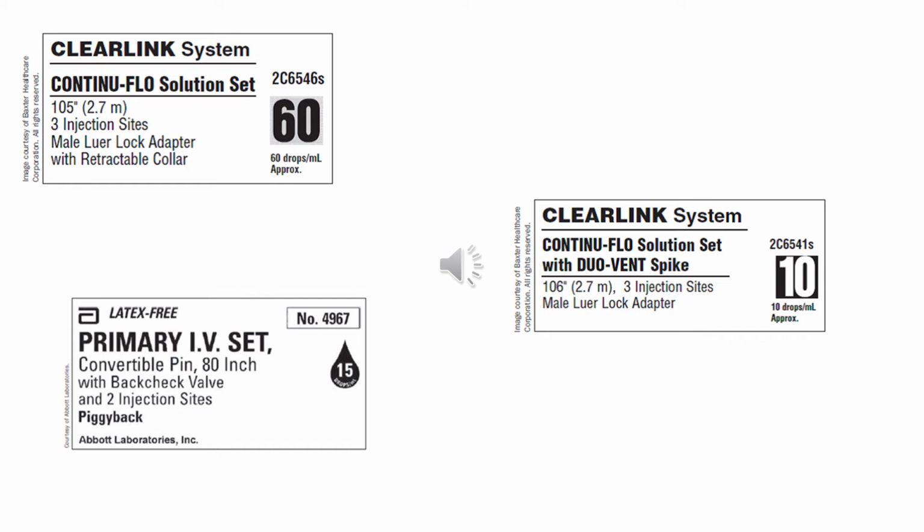This is where they're getting the numbers, because it'll say on the side of it, this will be a 60 drop per mil approximate. That means it's got either a smaller hole or a bigger hole. That's all this size is telling you, and it's telling you it's going to flow either faster or slower into your IV drip chamber.